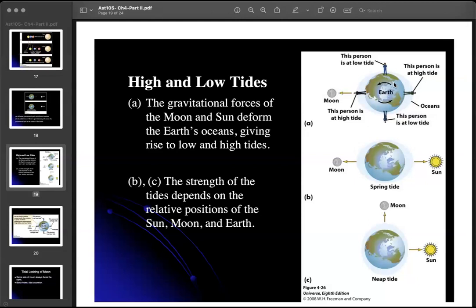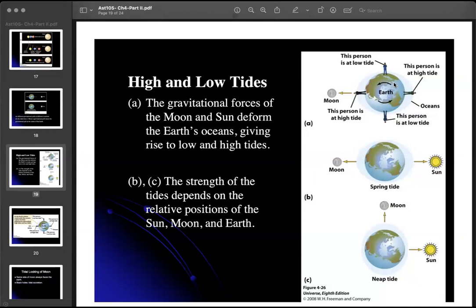Now within high and low tides, so it's primarily the moon that causes the tides, but the sun has some effect too. Interestingly, the effect caused by the sun is much less powerful, and that is because the way this tidal effect works, the strength of the tidal effect falls much faster due to distance.